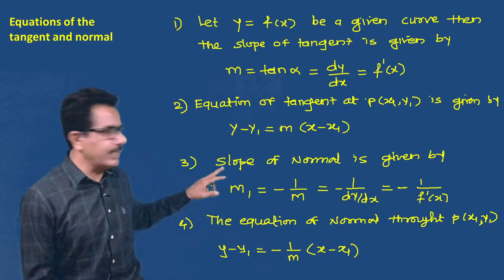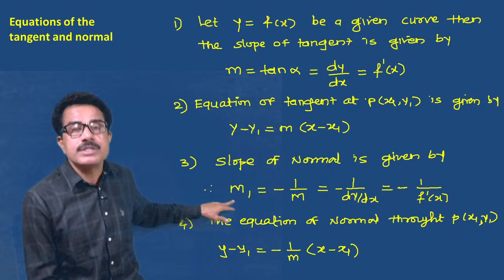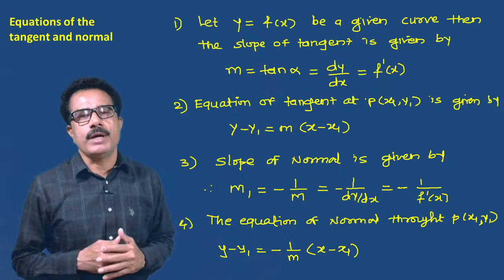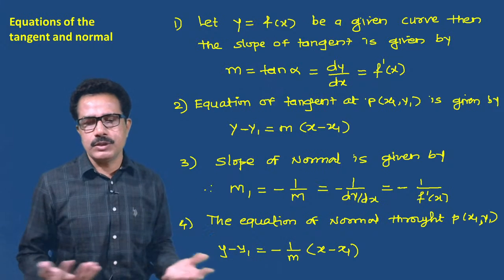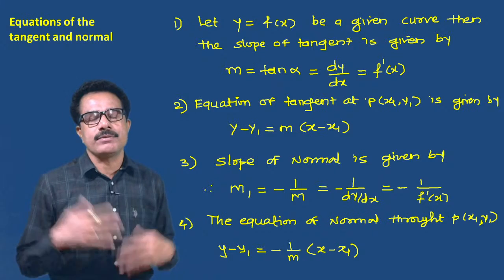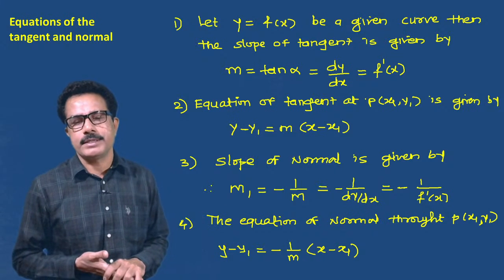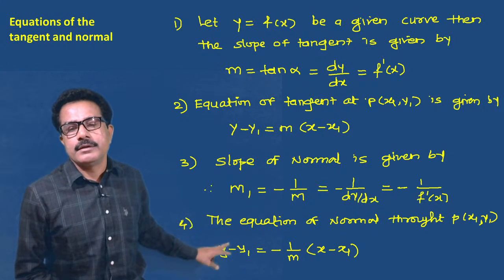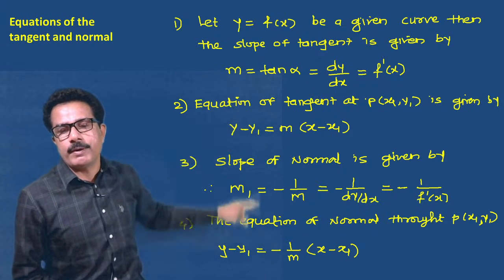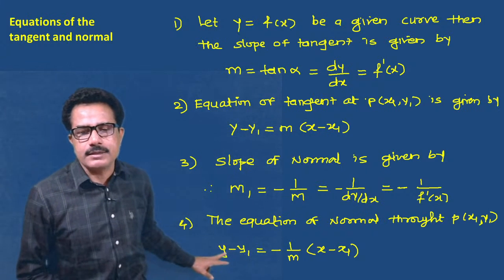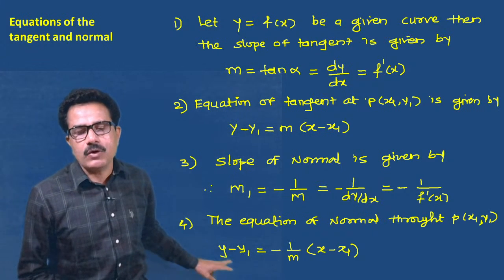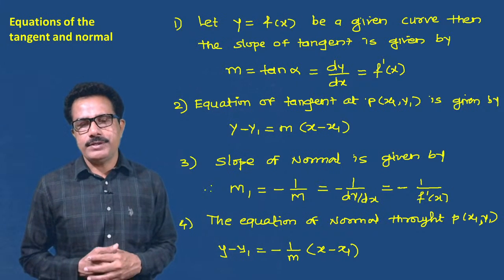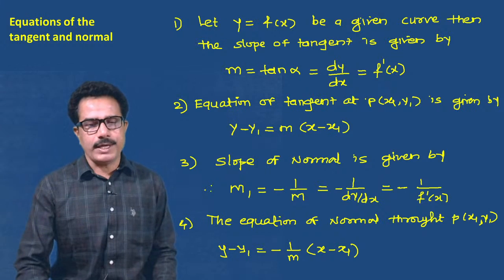So the slope of the normal m1 is minus 1 upon m, which is also denoted by minus 1 upon dy by dx, which is equal to minus 1 upon f dash of x. Then we can write the equation of a normal in slope point form: y minus y1 is equal to minus 1 upon m into x minus x1.